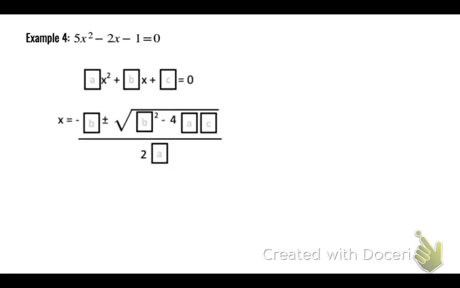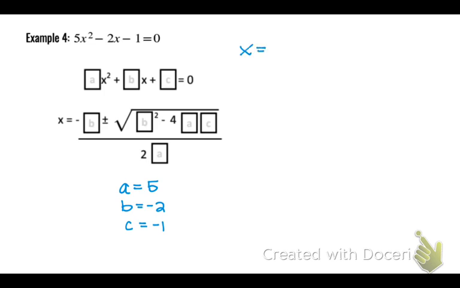All right, example 4. 5x squared minus 2x minus 1. So a is equal to 5, b is equal to negative 2, c is equal to negative 1. That equation is equal to 0, so I don't have to change anything. So x is equal to the opposite of b.